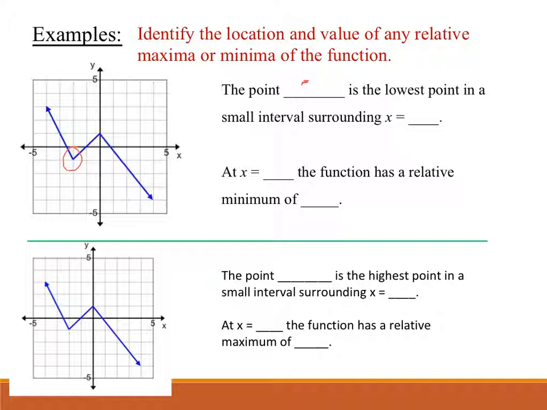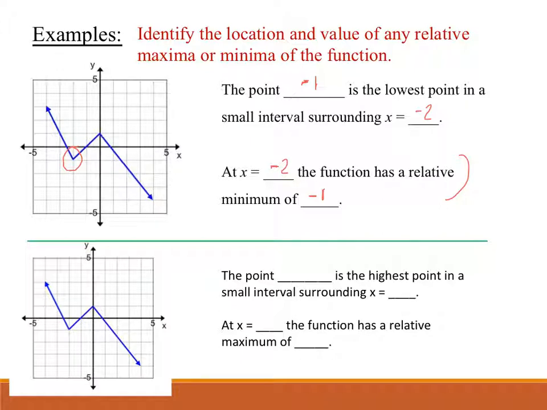The lowest point relatively is -1, the lowest point in a small interval surrounding x equals -2. At x equals -2, the function has a relative minimum of -1. That's what we would say.